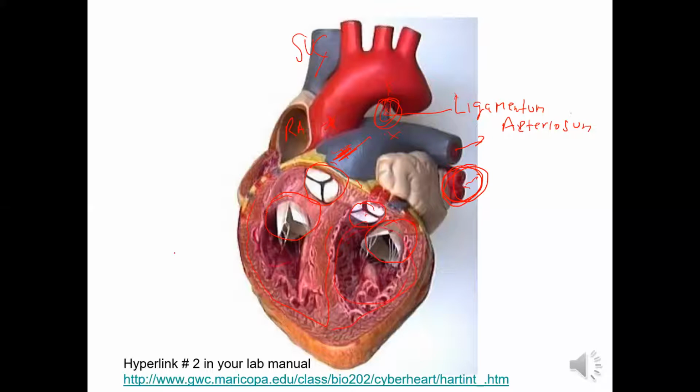I also forgot to mention before, but this structure right here, this big piece of myocardium that separates the two ventricles, and get the spelling here because it's called the interventricular septum.